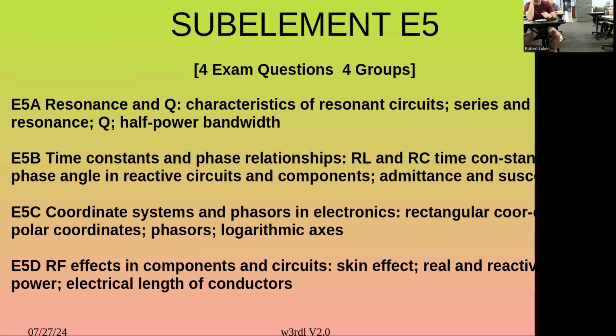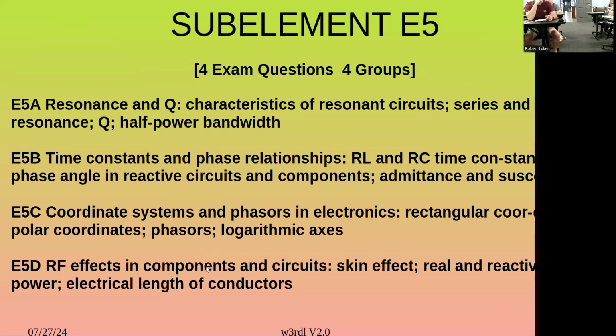If you didn't have resonant circuits, you'd have a hard time generating an electromagnetic wave. The next group, we'll talk about time constants and phase relationships. Then we get into coordinate systems, rectangular and polar.